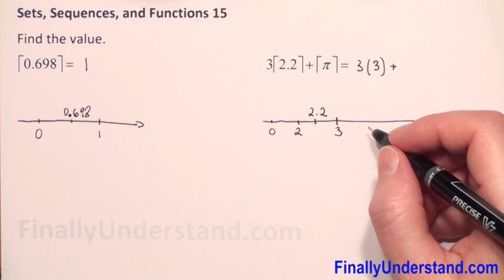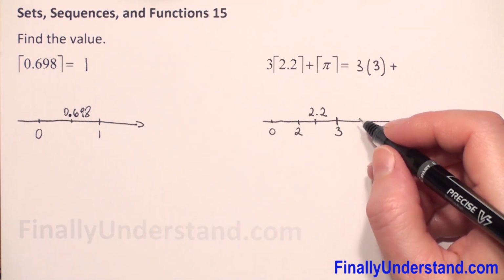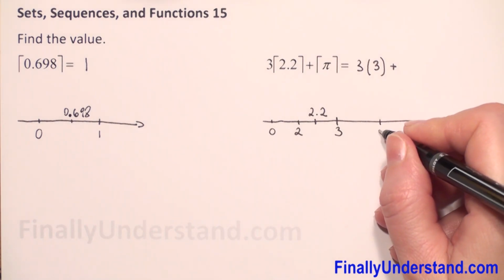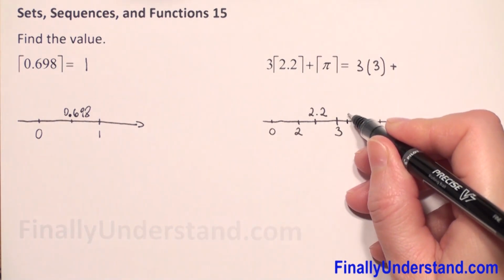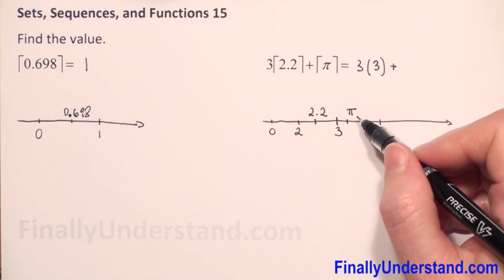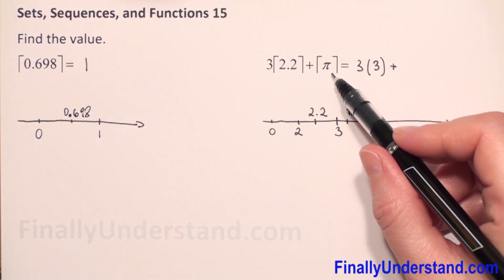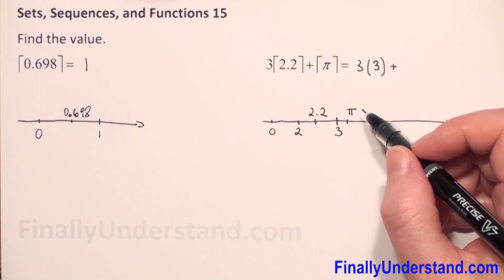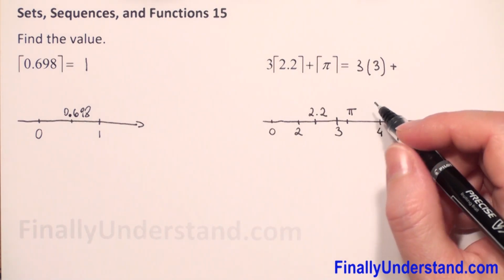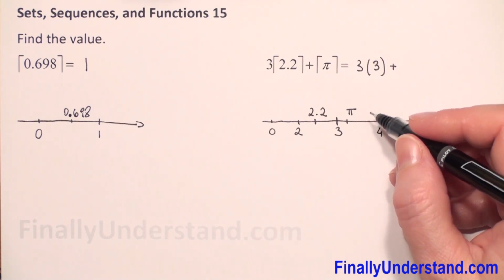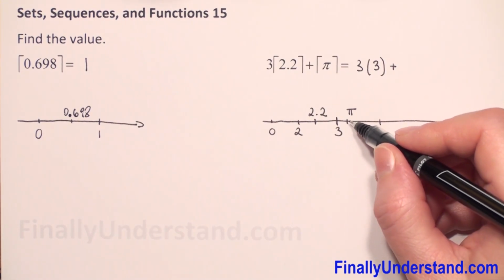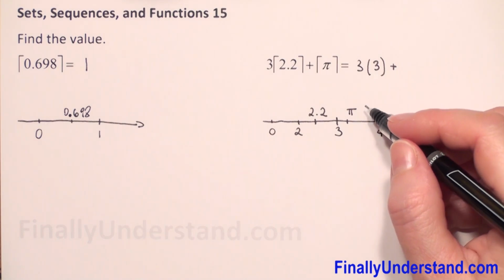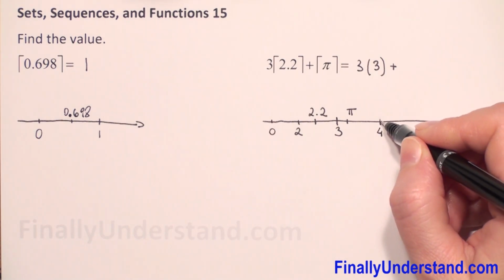Pi is approximately 3.14, so this is between 3 and 4. Pi will be approximately here. Because pi is not an integer, since it's 3.14, and integers are whole numbers, including 0 and negative values, the smallest integer at least as big as pi is 4.